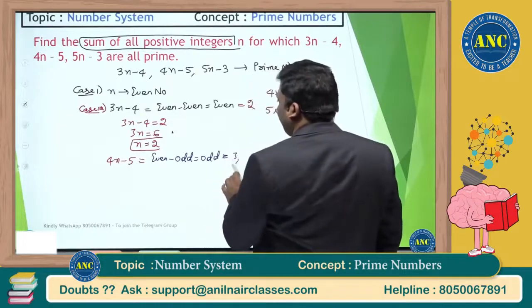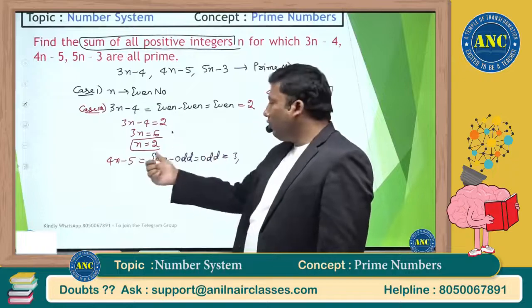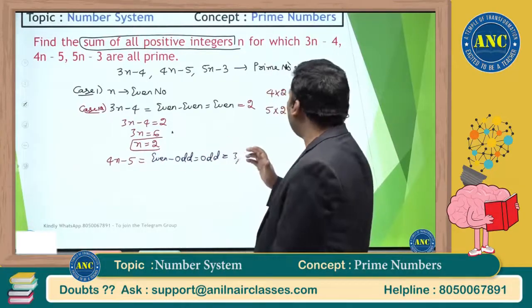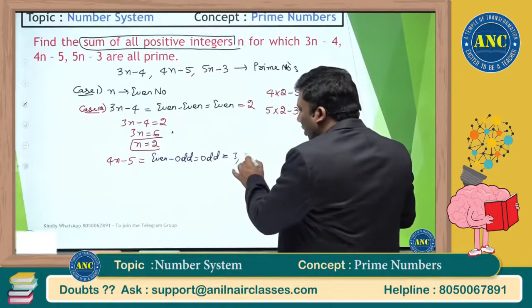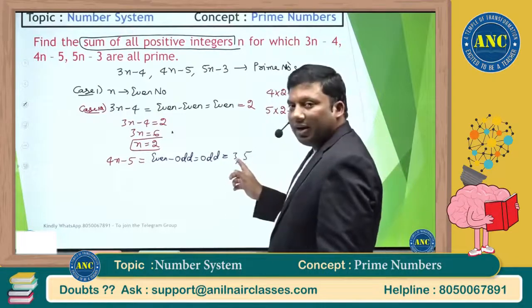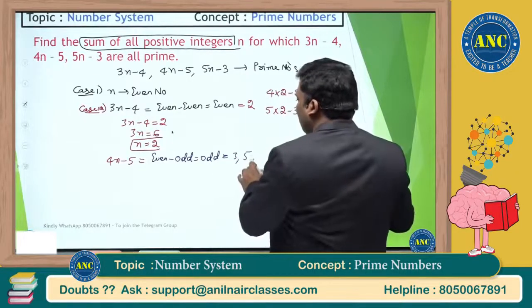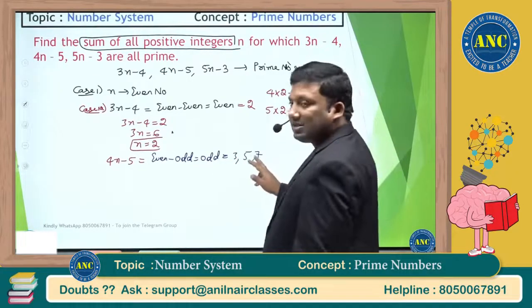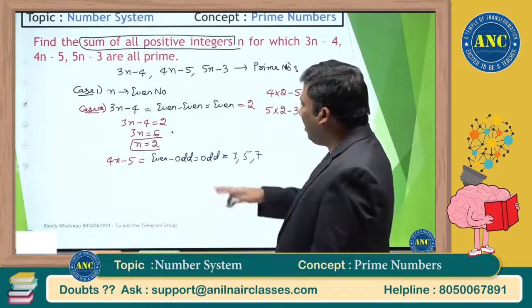Let us take some values. If 4n minus 5 is 3, 4n equals 8, and n is 2. The same thing we got. If 4n minus 5 is 5, 4n equals 10, and n is a decimal, not possible. If 4n minus 5 is 7, 4n equals 12, and n equals 3.